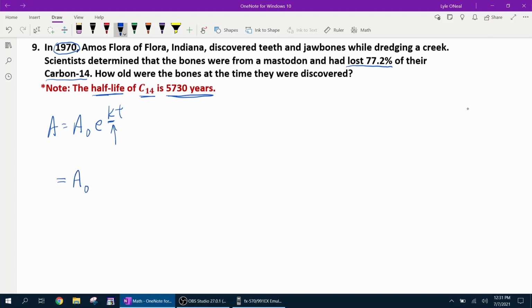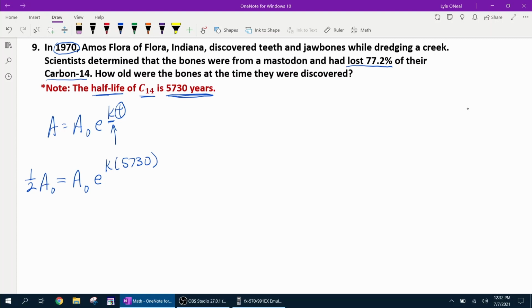We do not know the initial amount of carbon-14 in this mastodon, and that's okay. Because we know the half-life of carbon-14, we can say that after that amount of time, 5,730 years, we will have half of the original amount.